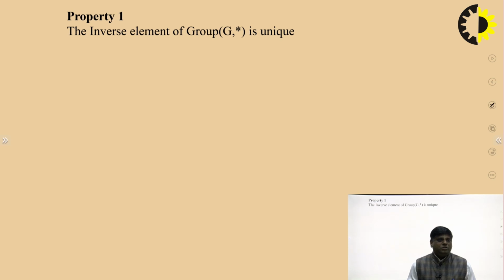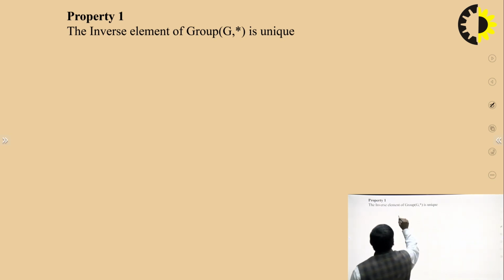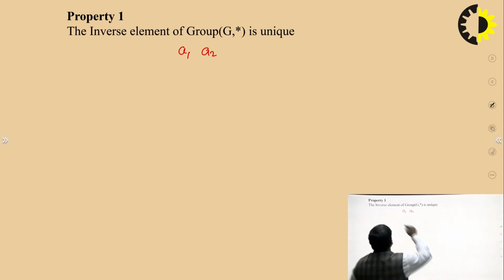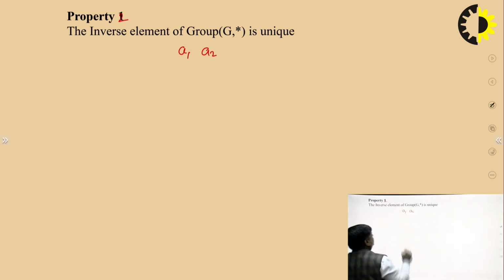We assume two different inverses of the group, suppose A1 and A2, these are the two inverses, and if A1 is equal to A2, then we can say that the inverse element of a group is unique.